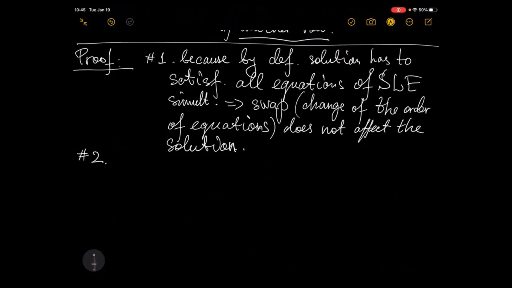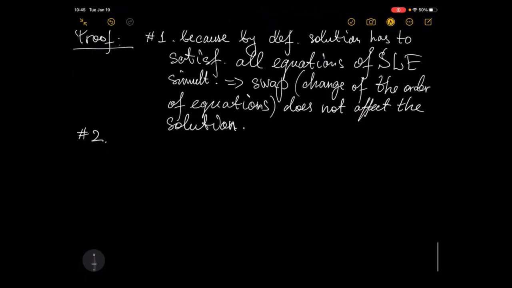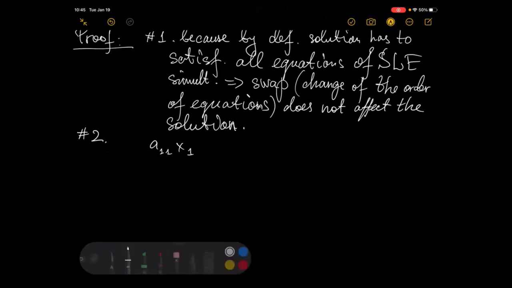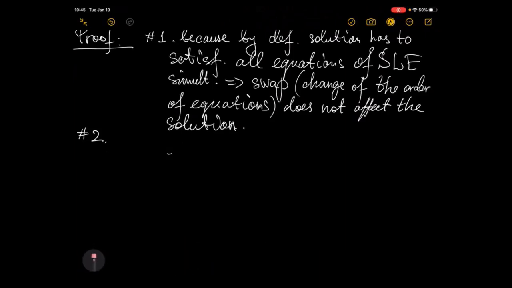So, and I will bring the system to the original state, right? But what is important that, for example, if I had linear equation a11 x1, okay, you know, I better will continue on the next lecture because it's time already, right?